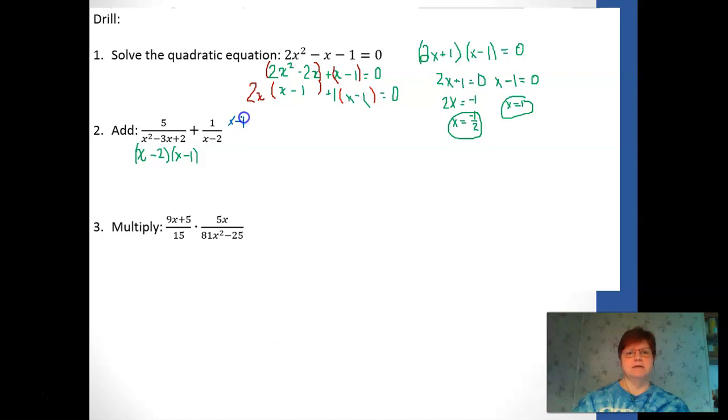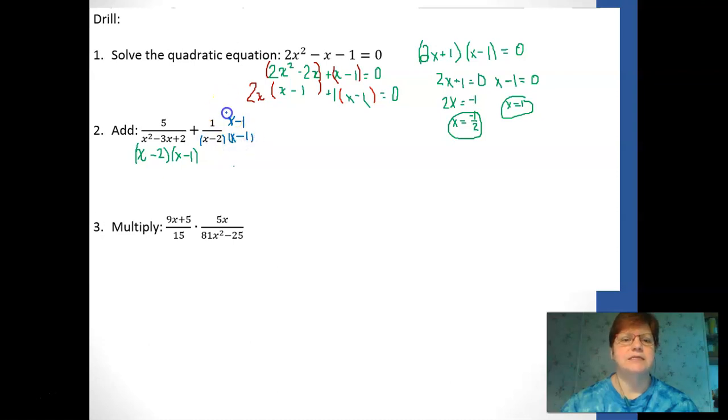denominator by x minus 1. You can't just multiply the top by 1 and the bottom by 1; you want to make sure you multiply top and bottom by the same thing. So now we have the same common denominator of x minus 2 and x minus 1.